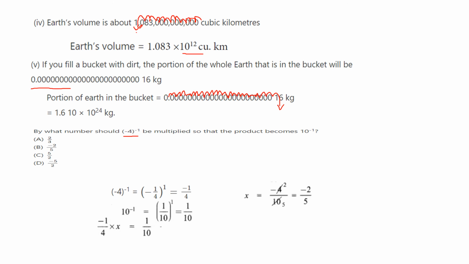So let the number be x, so minus 1 by 4 into x equal to 1 by 10. Therefore x, this goes to the right hand side, it becomes the reciprocal. So 1 by 10 into minus 4 by 1. So you cancel it, 2 2s are 4, 5 2s are 10. Therefore minus 2 by 5 is the answer.